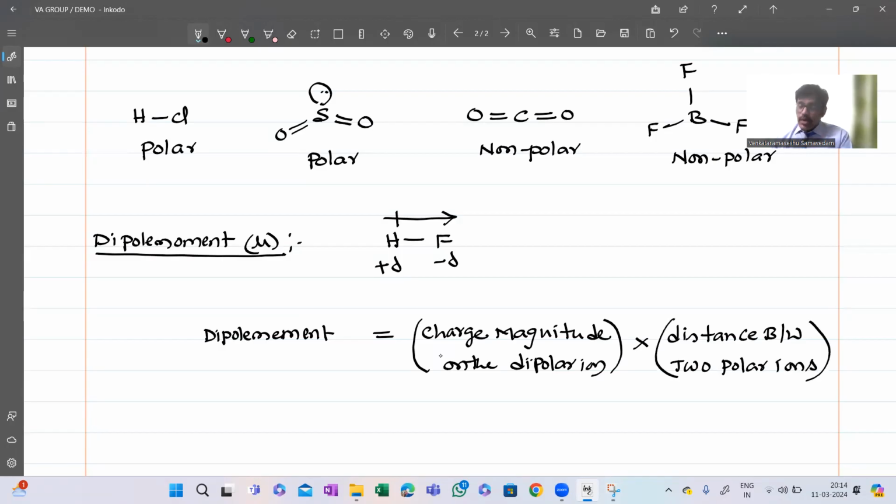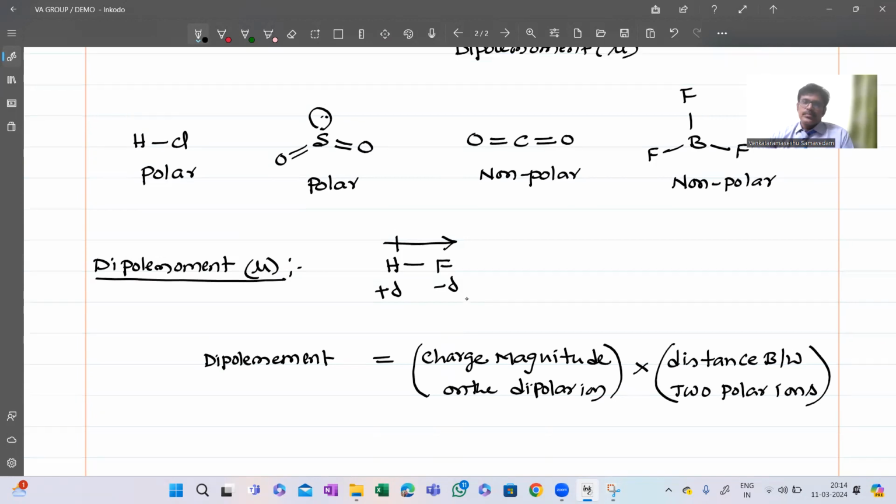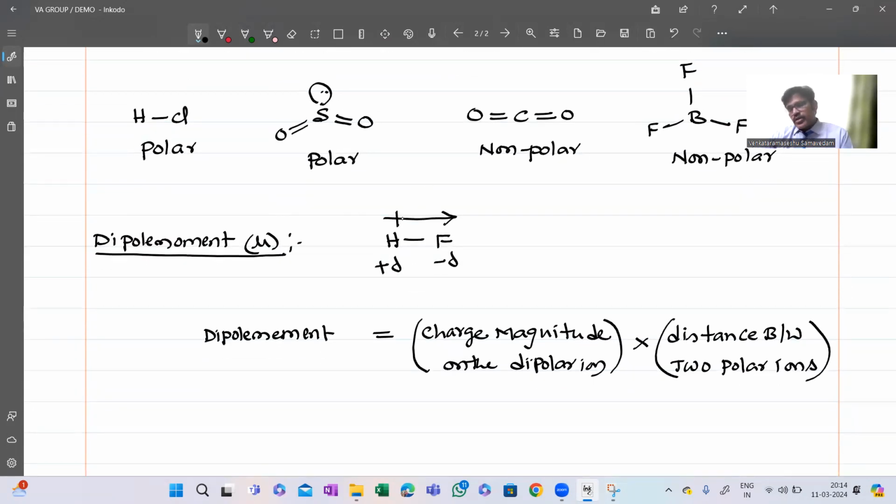A vector quantity depends on both magnitude and direction. So here, in which direction it is migrating, and what is the magnitude of the charge. Based on the magnitude of the charge existing on the more electronegative atom and the distance between the two polar ions, you will get the polarity in the molecule. That polarity can be expressed in terms of dipole moment, which is equal to Q into D.